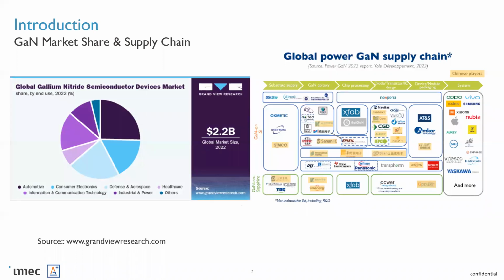And why gallium nitride is gaining more attention, we all know by now, I guess, because of its high switching frequency capability, high breakdown voltage, and low on-resistance, which makes for a more compact, more efficient design, especially in power electronics.